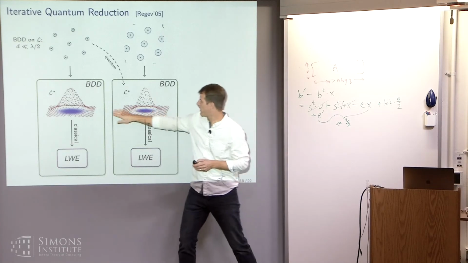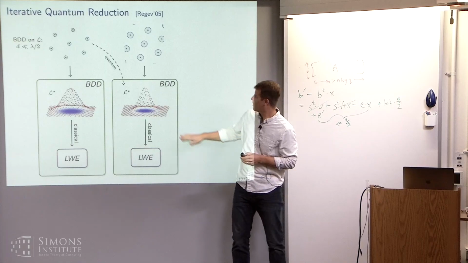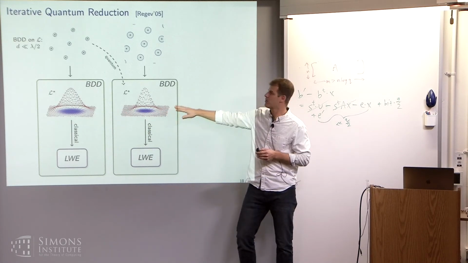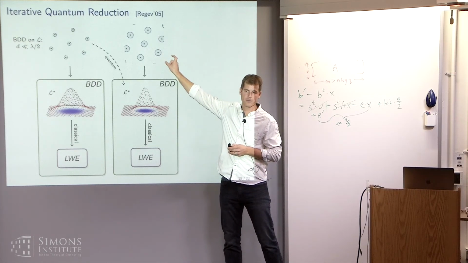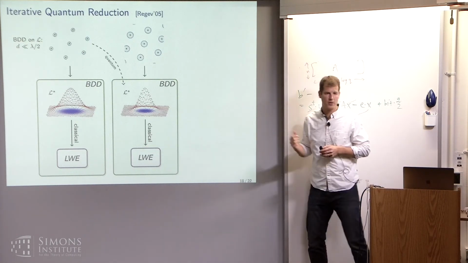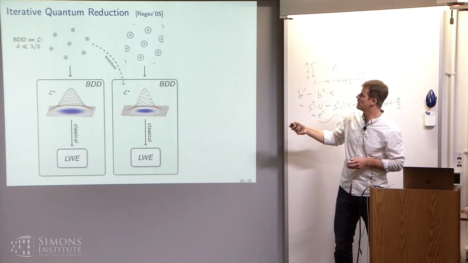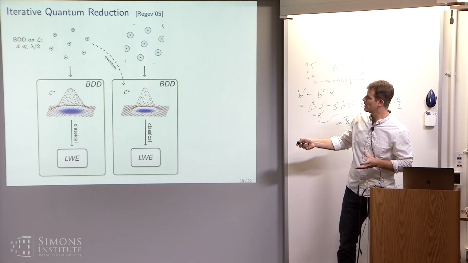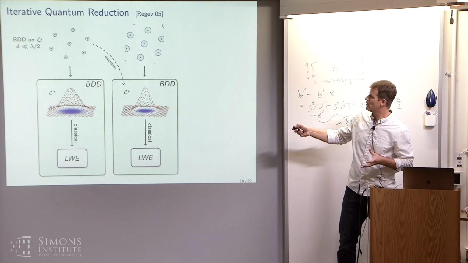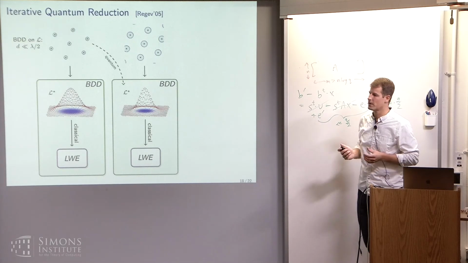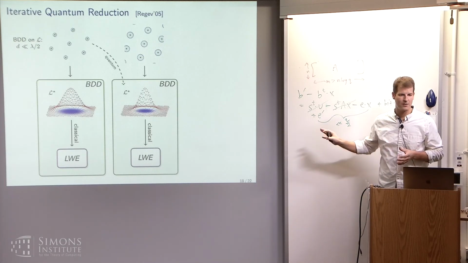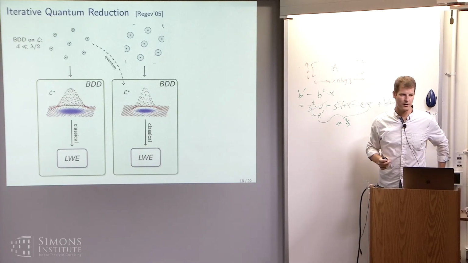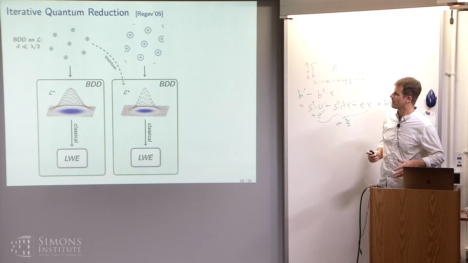If this is narrower than that, what does that allow me to do? It allows me to solve BDD to a slightly wider radius. So let's do it again. If I have BDD at a slightly larger distance, I can combine it with these narrower samples and, using my LWE solver, still solve BDD here. Make sense? I'm doing something pretty fancy and subtle here, but we can repeat this.